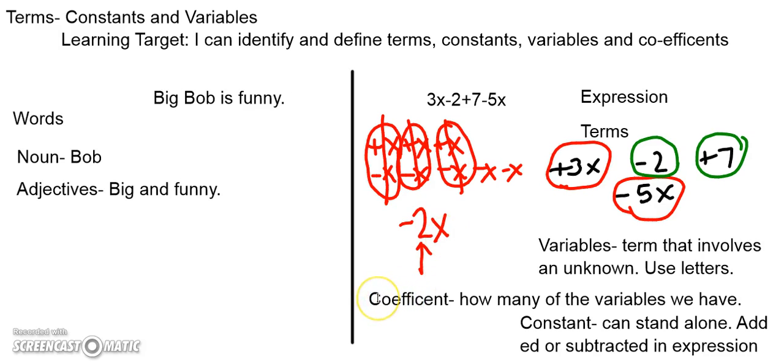Co, the prefix co, means with, so it goes with the variable. Efficient actually means that it is more efficient to write or easier to write. If my coefficient was 20x, I would actually have to write out 20 x's. Not very efficient use of my time. If you need to note any of these vocabulary words and their definitions, please do so in your toolbox now.